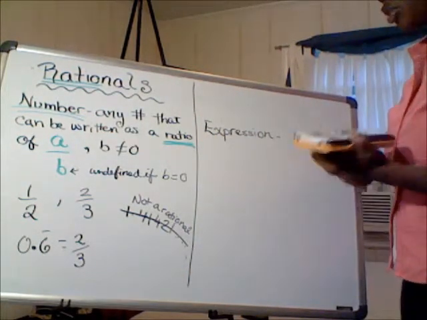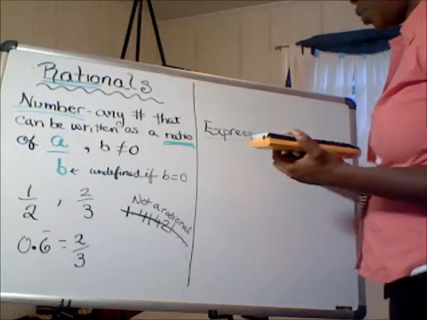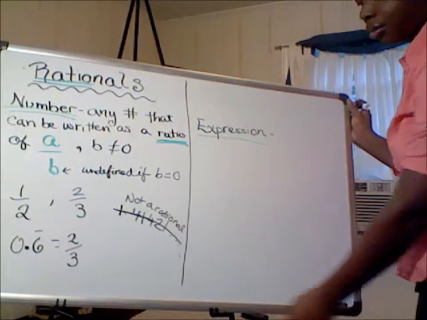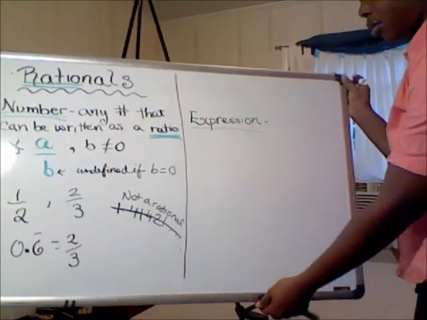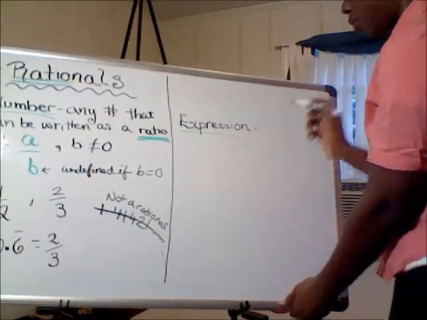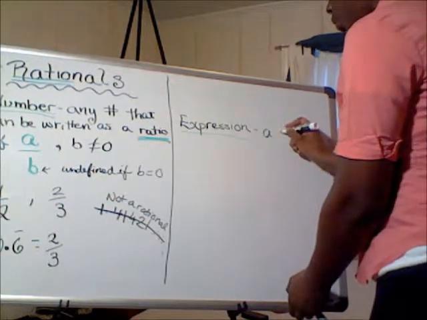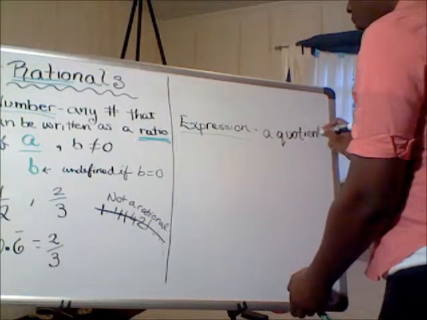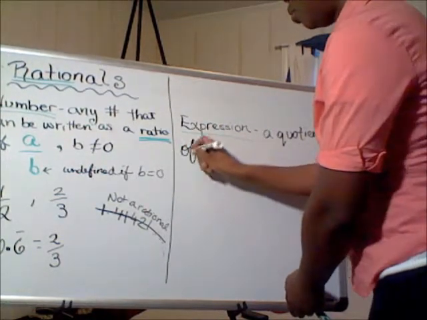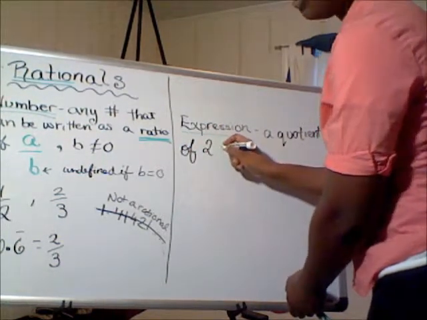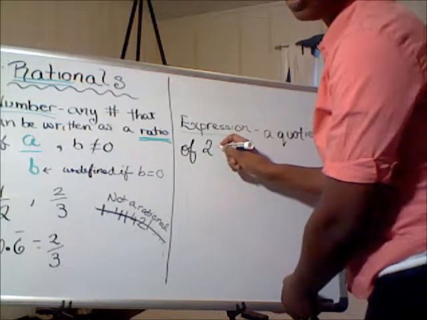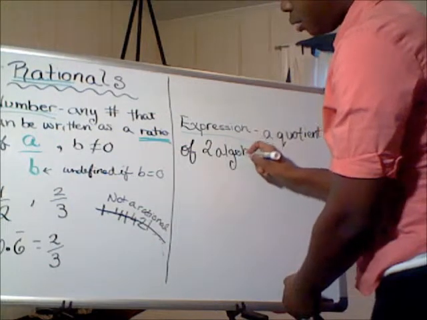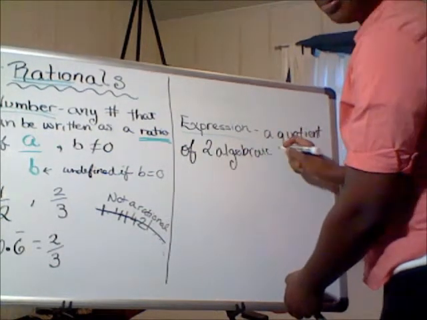A rational expression is a quotient of two algebraic expressions.